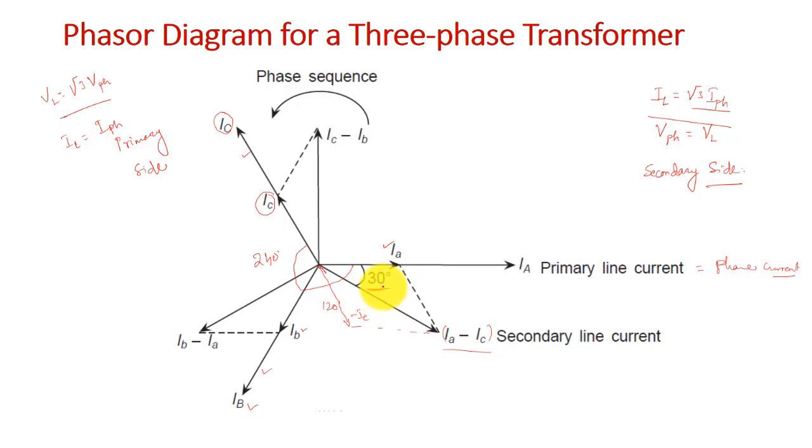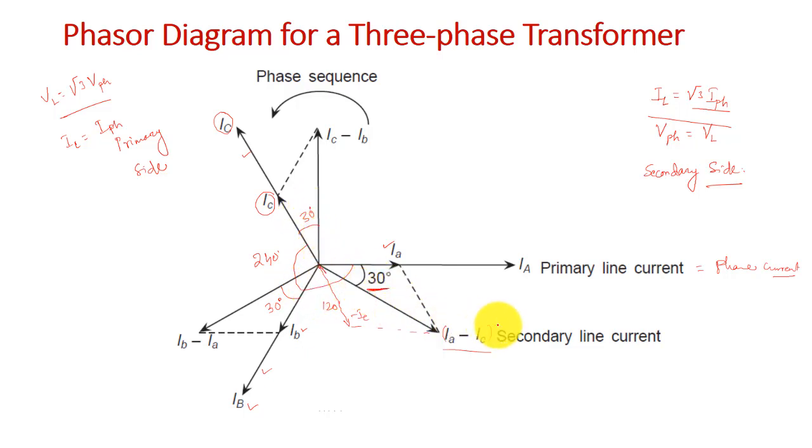This plays in fact an important role when designing the differential relay for 3-phase transformers. Similarly, if we see phase B, the line current of phase B in the secondary side and the primary side also has a phase difference of 30 degrees. Similarly, for phase C also it has a phase difference of 30 degrees, right.